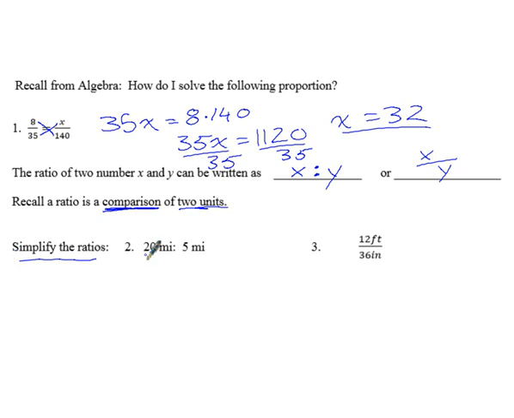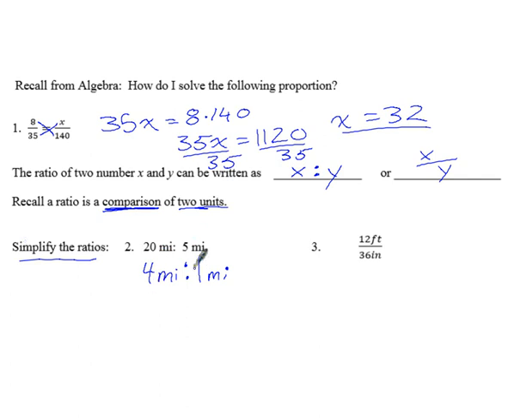So something like this, 20 miles to 5 miles, if I said simplify that ratio, each of these numbers is divisible by 5. So what that essentially means is that if I was looking at a map or maybe talking about a race, for every 4 miles I ran, you ran 1 mile. So notice, I didn't just write 4 here. It's not 20 divided by 5 is 4.